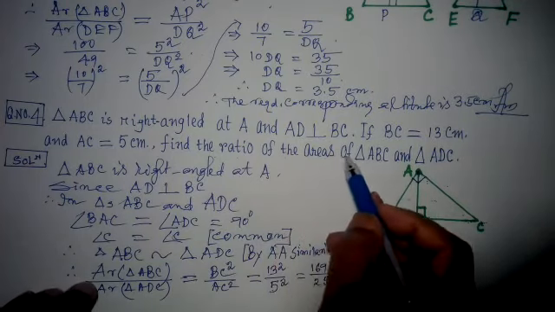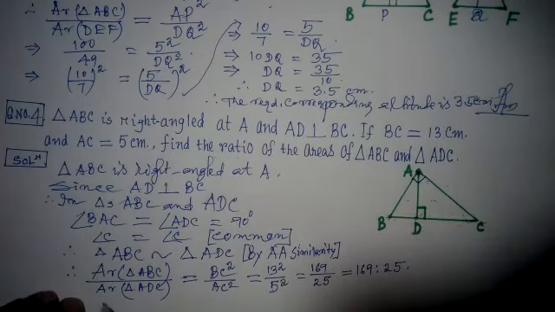So we can write the answer. Find the ratio of the areas of triangles ABC and ADC.